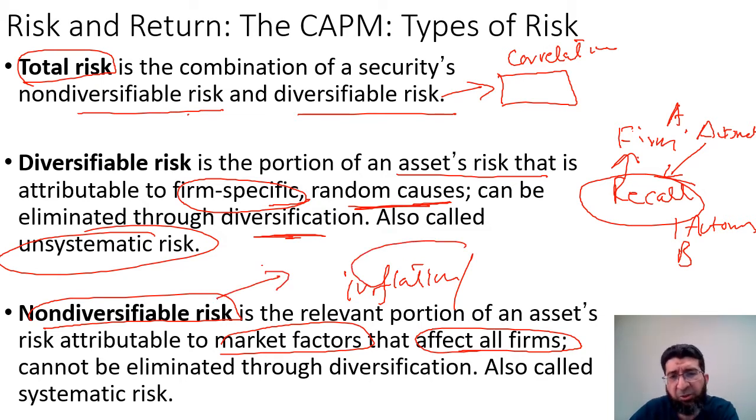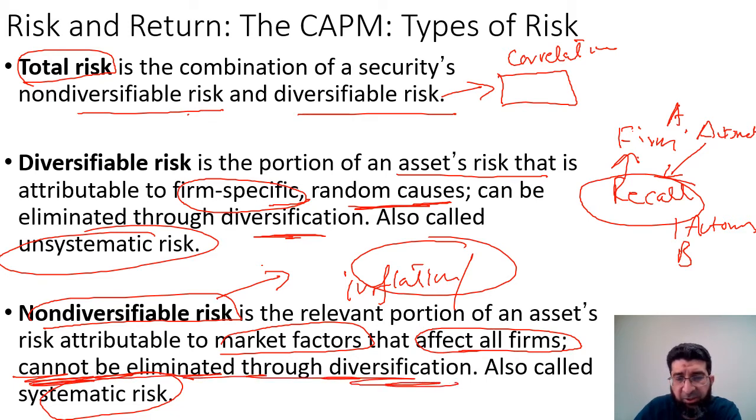It's the combination of a lot of factors, and the underlying structure is relatively unknown. This is called systematic risk. It cannot be eliminated through diversification, and this is the risk for which the market is willing to pay us a premium.